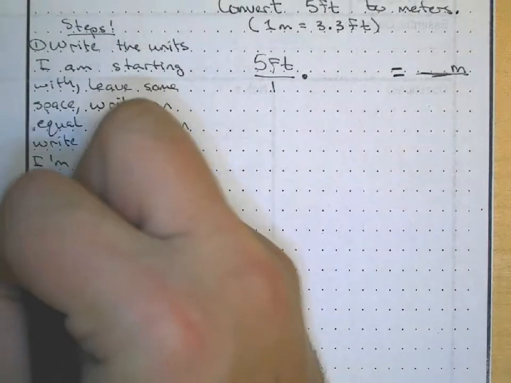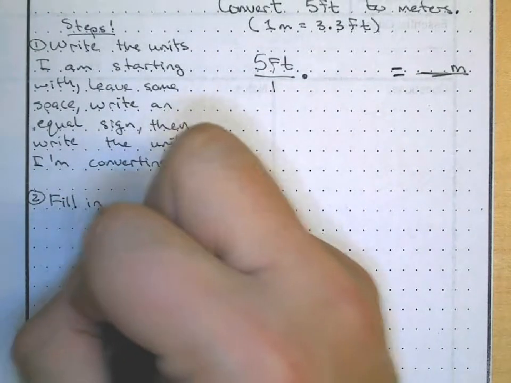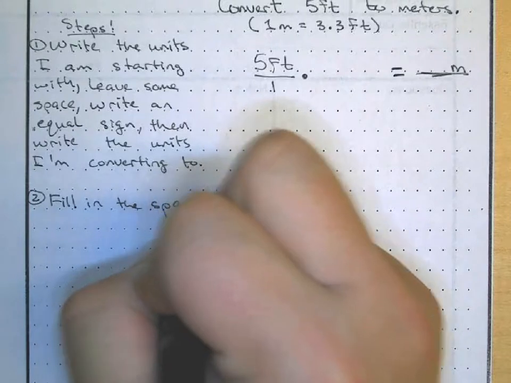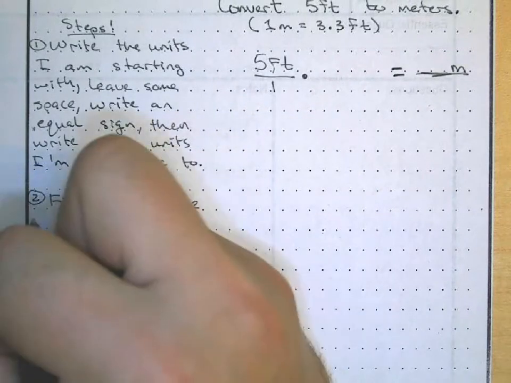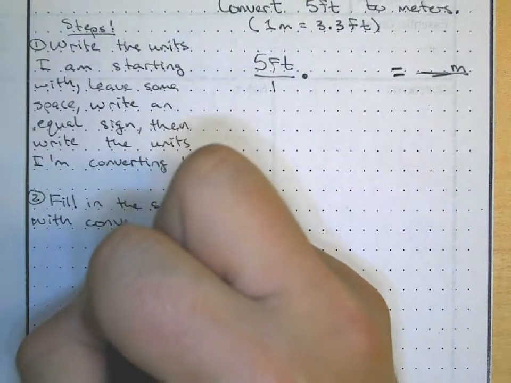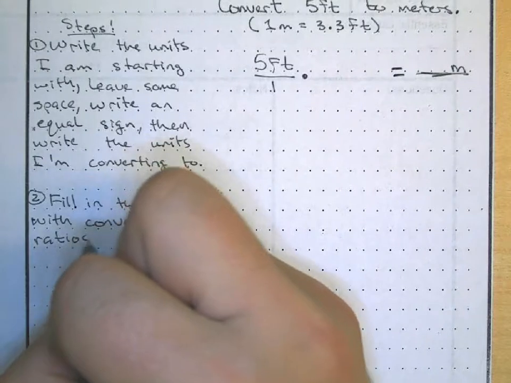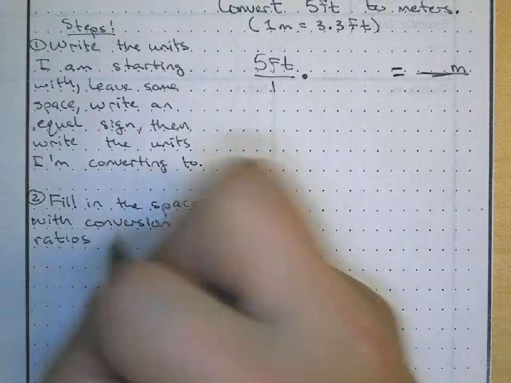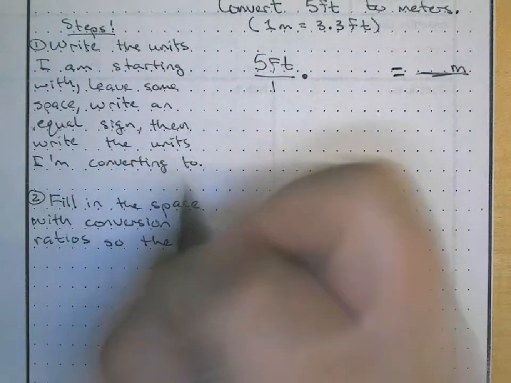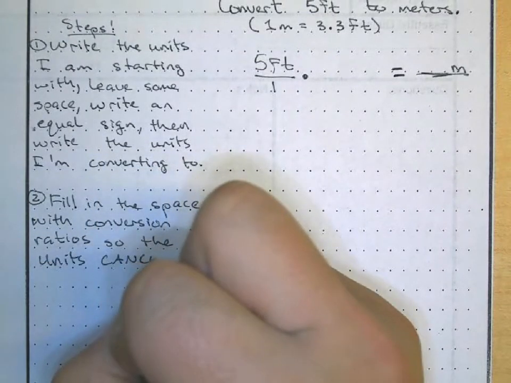Okay, step 2. Fill in the space with conversion ratios, ratios just being fractions. So the units cancel.